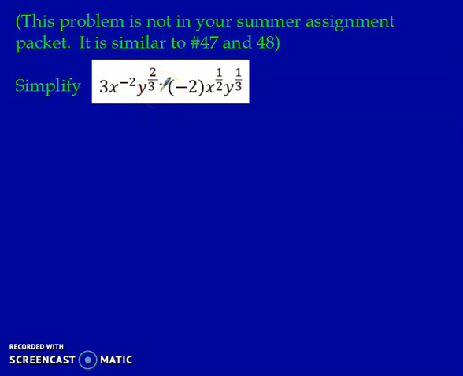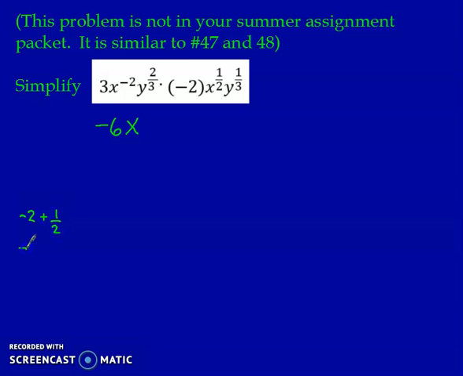Do that multiplication first. Multiplying our numbers, we have -6. Multiplying our x factors means we can just write x and then add the exponents. So I see -2 and I see 1/2. -2 plus 1/2.